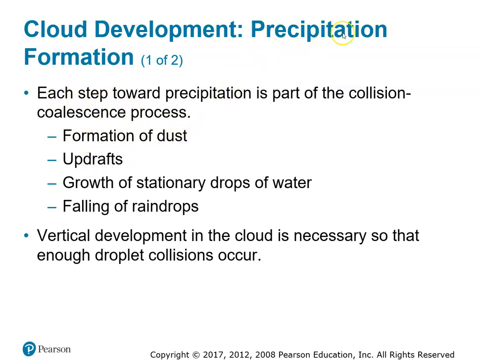For precipitation to take place, you usually have to have some kind of dust particle. It could be pollen, it could be smoke. So some little dust particle. And condensation needs some kind of nucleus for the condensation to take place.